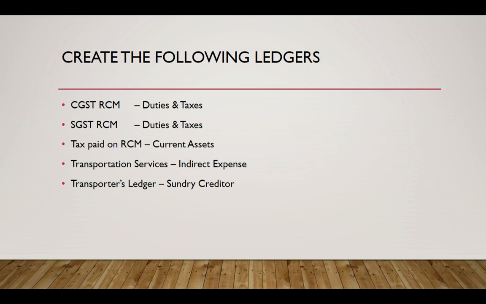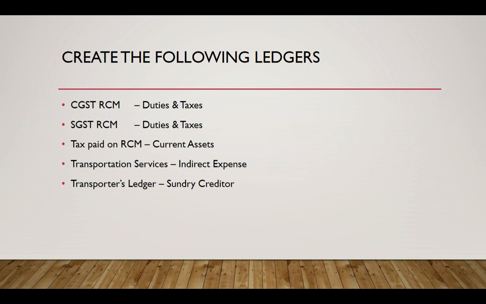Although it is not required, I am creating separate CGST and SGST ledgers to record taxes paid under reverse charge mechanism. Then I will create a ledger called tax paid on reverse charge mechanism, which will be grouped under current assets. The reason I am grouping it under current assets is that all kinds of input tax credit are an asset to the business because it holds value.